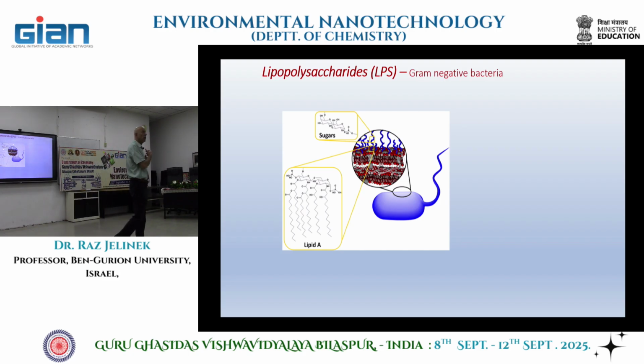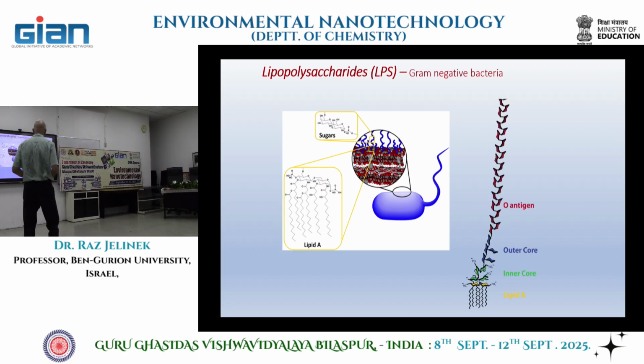Now, in this project, this was very good for us because it gave us a target for binding carbon dots through the lipopolysaccharides on the surface of the bacteria. So this is the structure of LPS, lipopolysaccharide. We see the lipids here, and then there's a connector and a very long chain of polysaccharides, sugars.